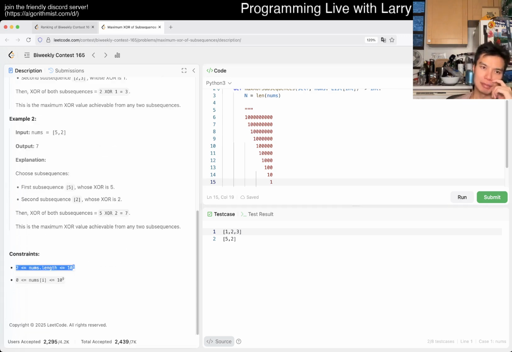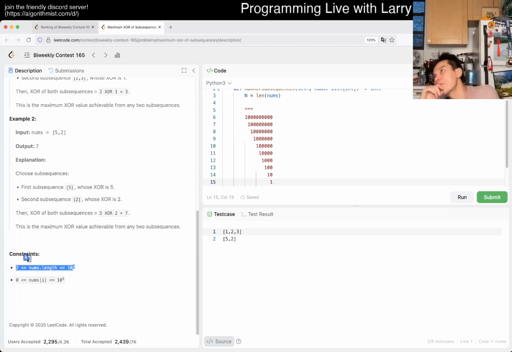That means that at most it's going to be 30 numbers, right?